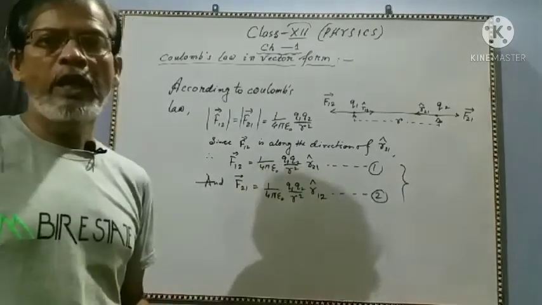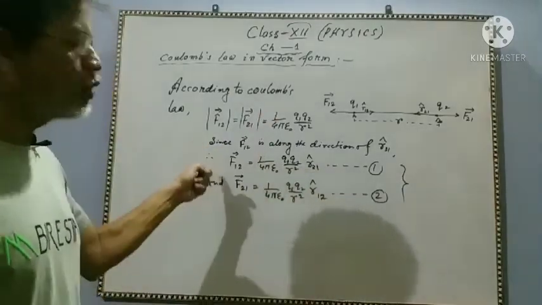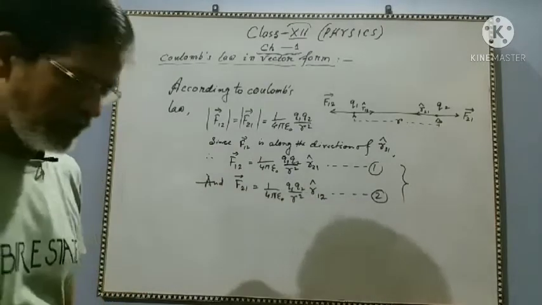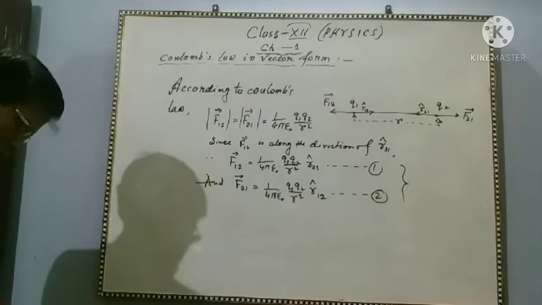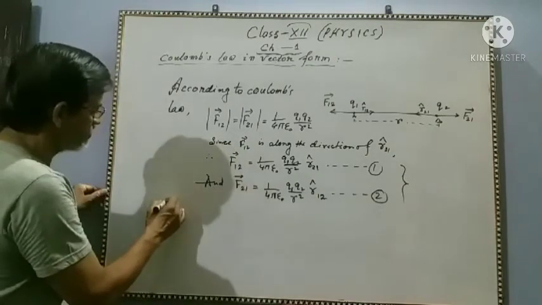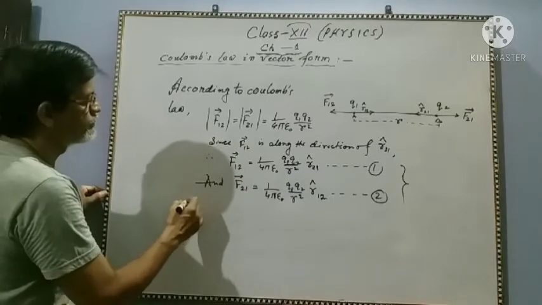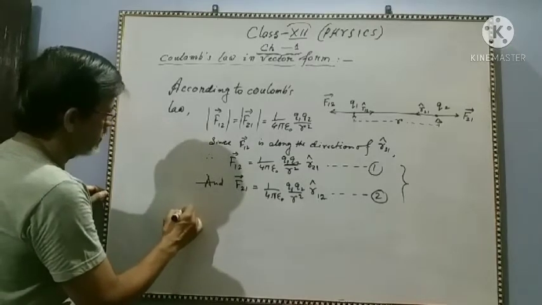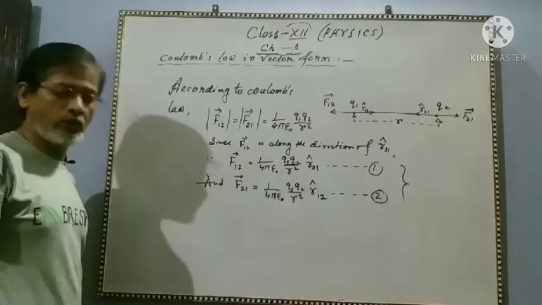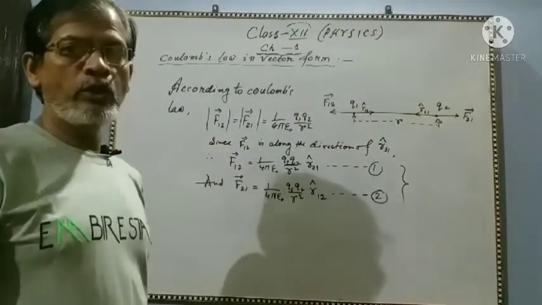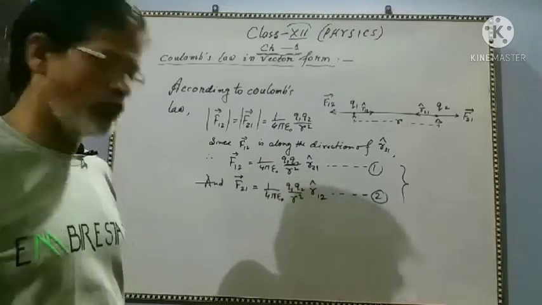Now, from Coulomb's law we get Newton's third law of motion. You see. We are going to express Coulomb's law into Newton's third law of motion.